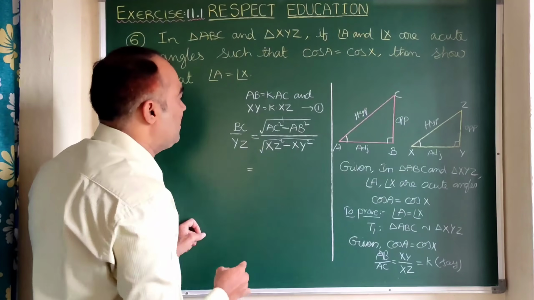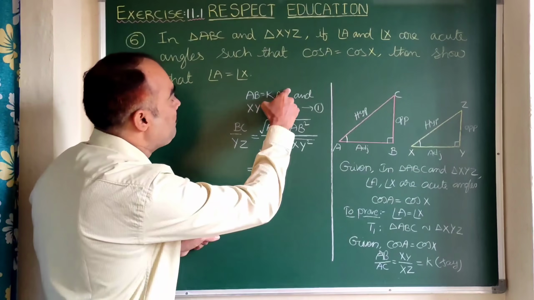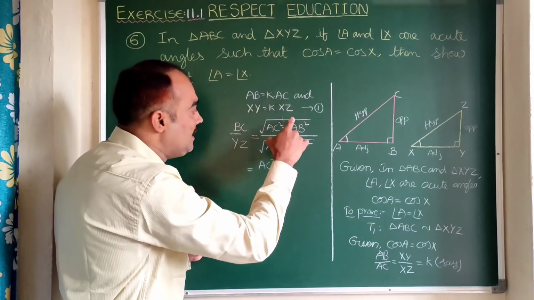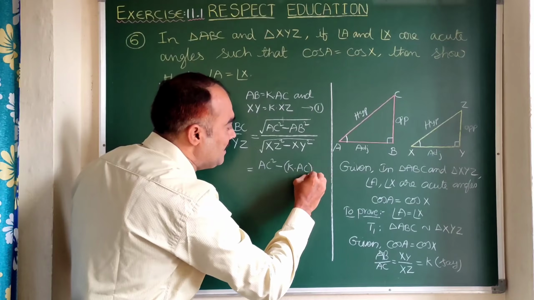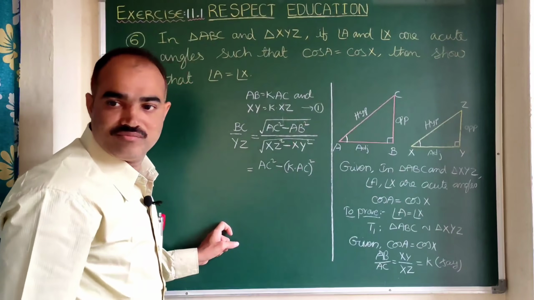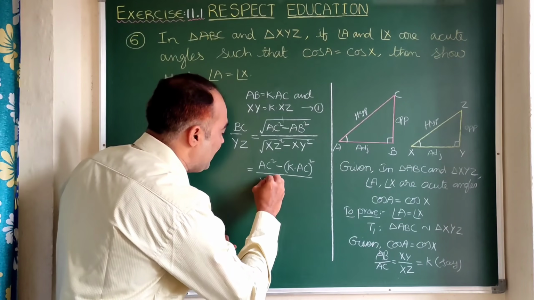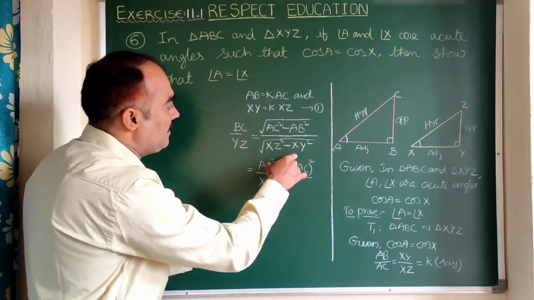Now let us substitute the values. I am writing AC square as it is minus in place of AB, what can we write? K into AC. But here AB square is there, so I am writing K into AC whole square. Clear? And here XZ square I am writing as it is minus in place of XY.